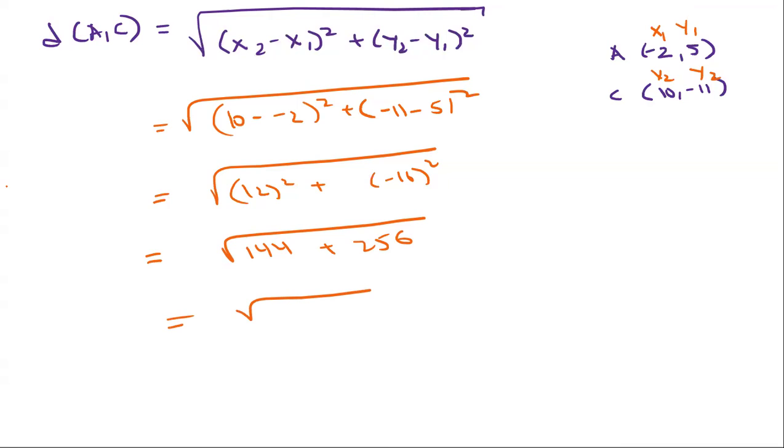When I combine those, we get radical 400. I can break this down to radical 4 times radical 100. Radical 4 is 2, radical 100 is 10, so 2 times 10 gives us 20.